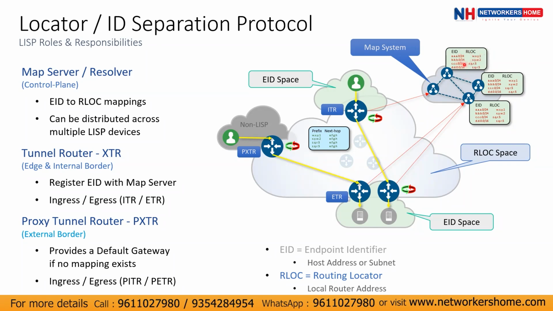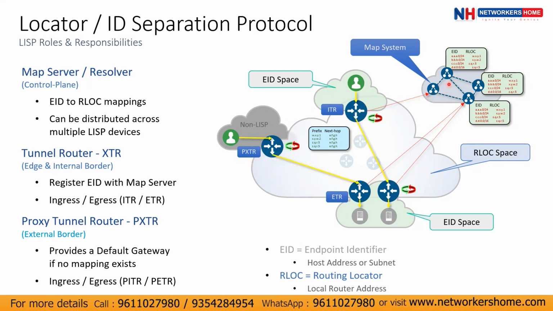If this device does not have the information about which RLOC my endpoint is connected behind, it gives the negative map reply, and that packet will drop. But here, we have one entry on any fabric edge in SDA, which is the PXTR entry.